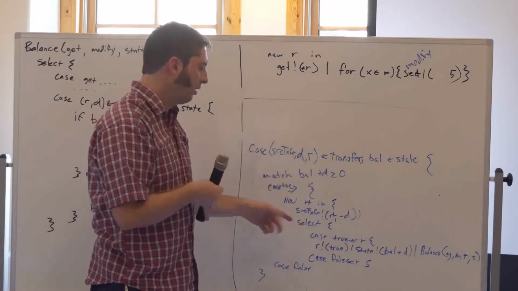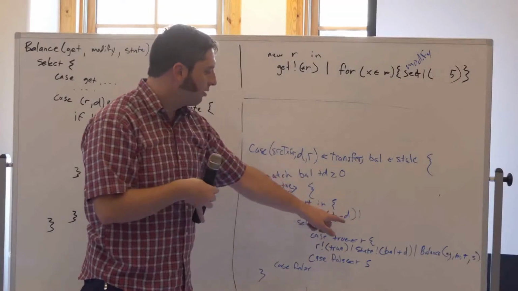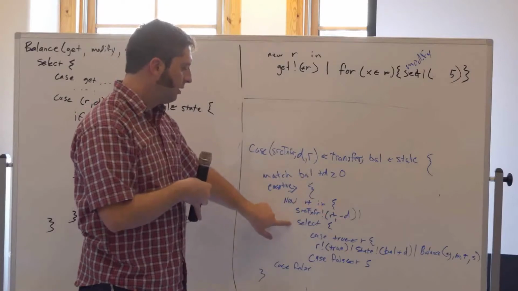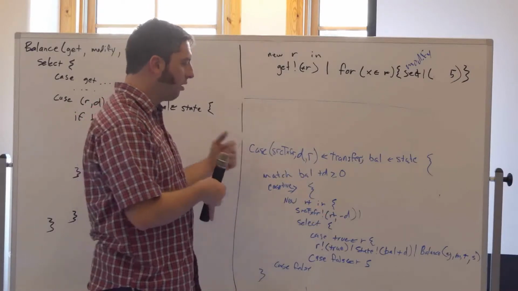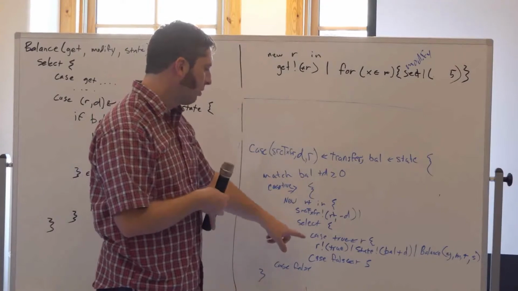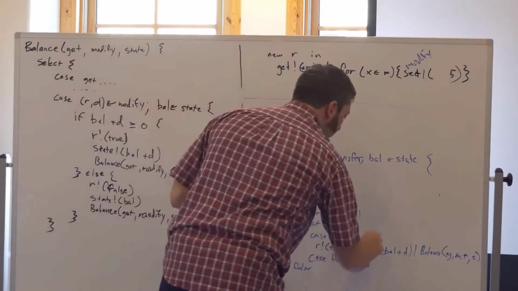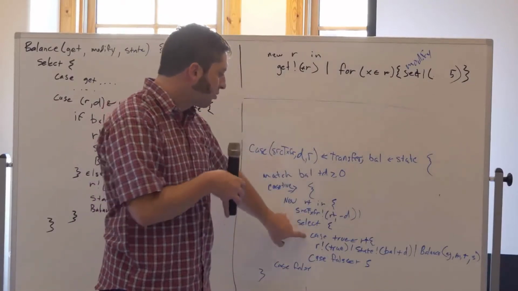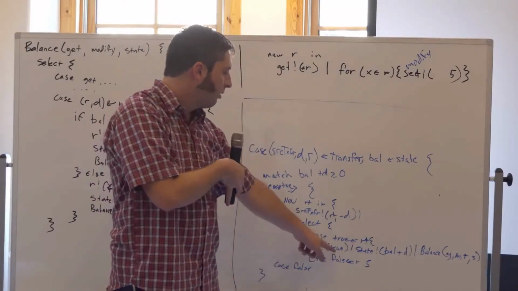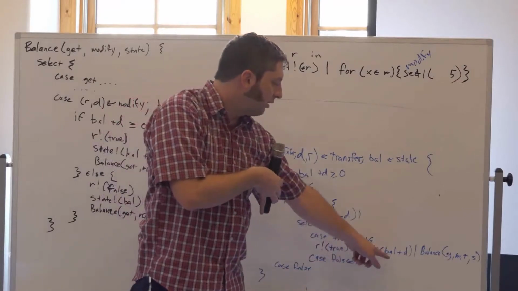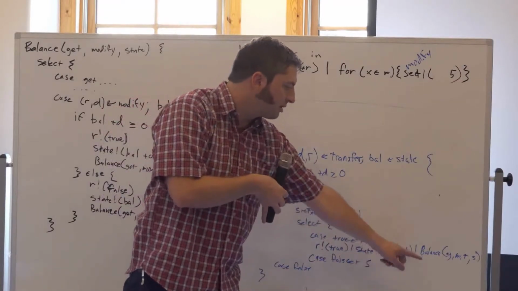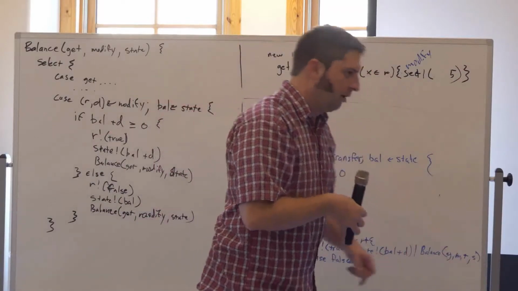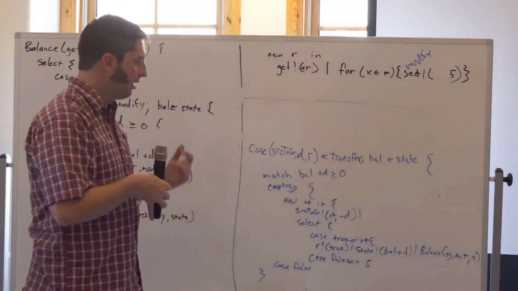We send a return channel and a negative amount to that channel, and then we listen for the result from RT. If it's true, then we go ahead and send true on our return channel. We update our state with the modified balance, and then we continue running the same balance.